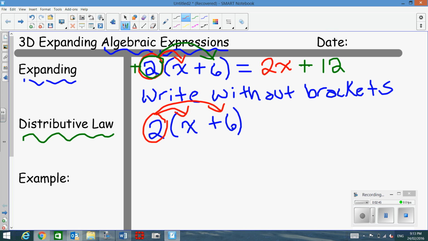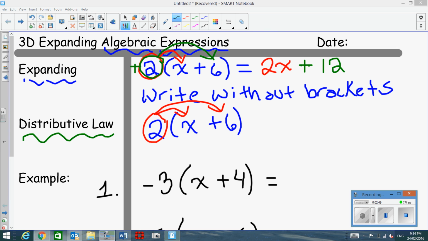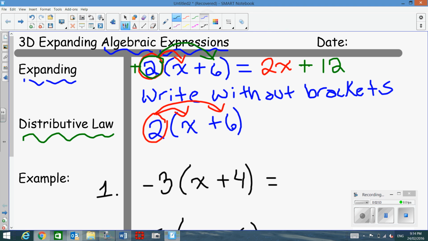Okay, so let's look at another example. In our first example, we have a negative 3 on the outside of the brackets and then x plus 4 on the inside of the brackets. So first, I'm going to take my red marker and I'm going to say negative 3 times x. And that will wind up being negative 3x.